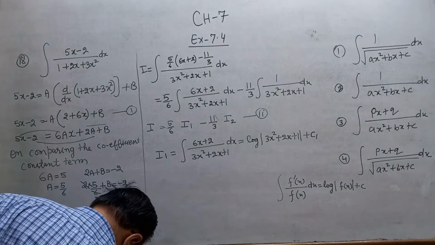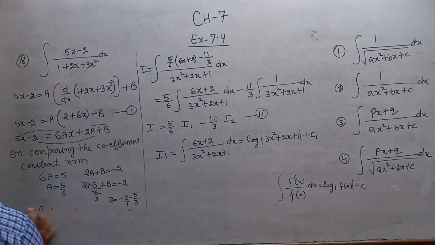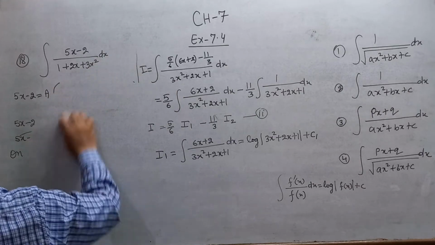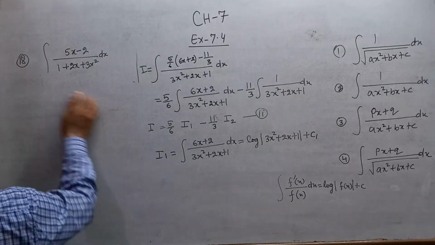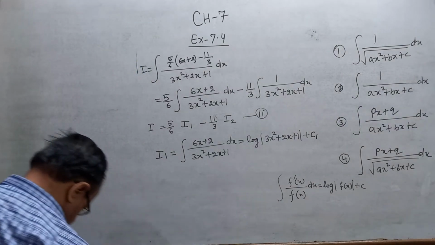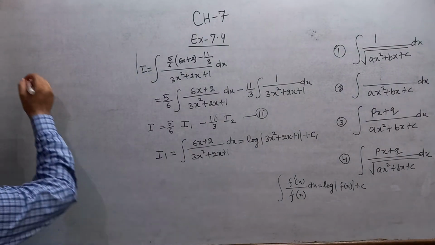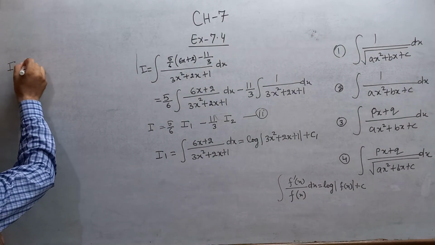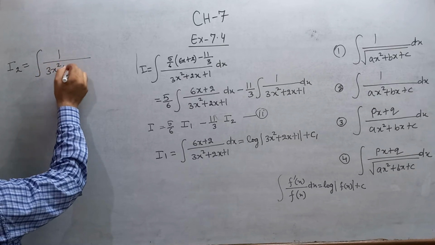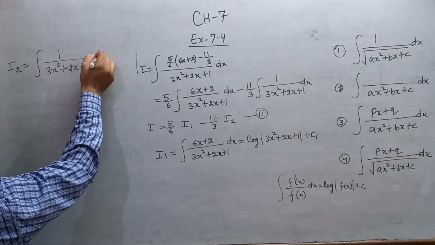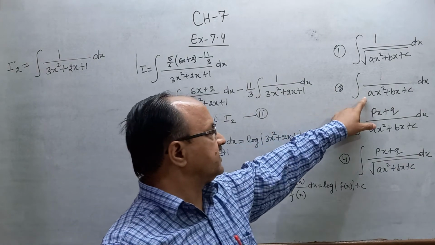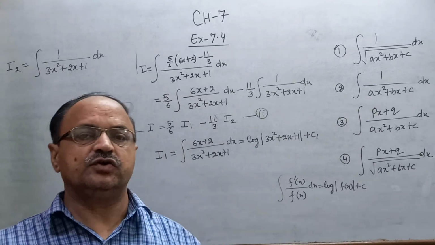And now we solve I2. You know that I2 is integration 1 upon 3x square plus 2x plus 1 dx. It is 1 upon quadratic, this type. Firstly, the coefficient of x square should be 1.